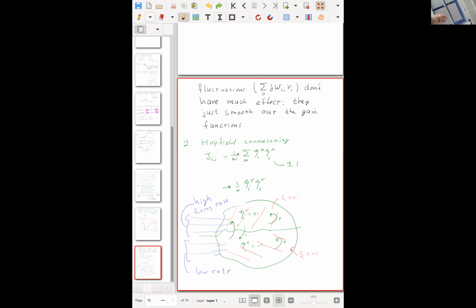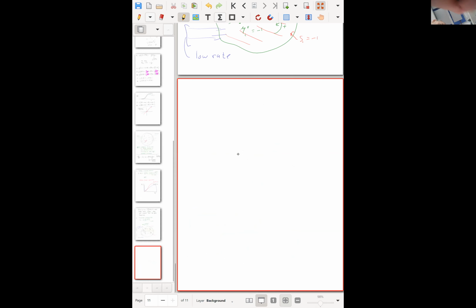Okay, so let's continue. So far, what have we looked at? So basically, Hopfield networks. So why do we care about Hopfield networks?